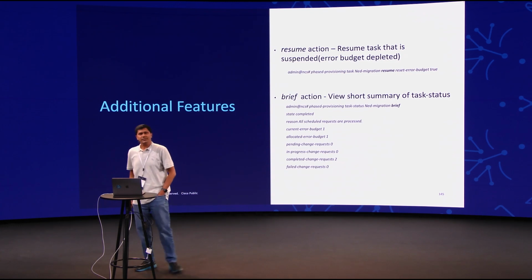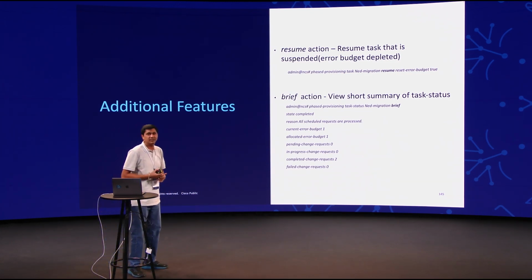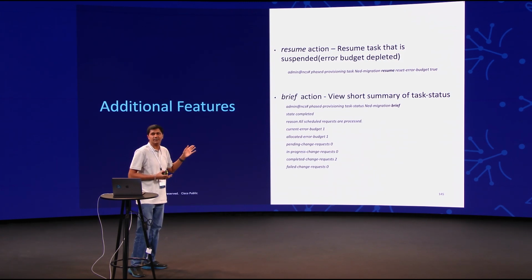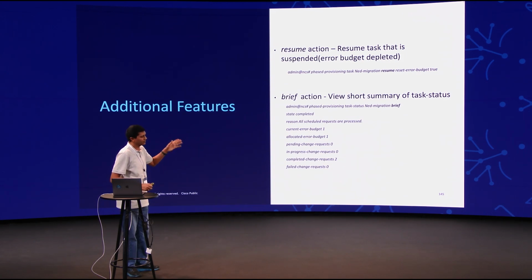There are a few additional features. As I was mentioning, once the error budget is depleted, the task execution is suspended. So now you go and fix your changes, and now things are good. Now you come and resume the task execution again, and we'll resume from whatever items are in the pending queue, and we start executing them again.